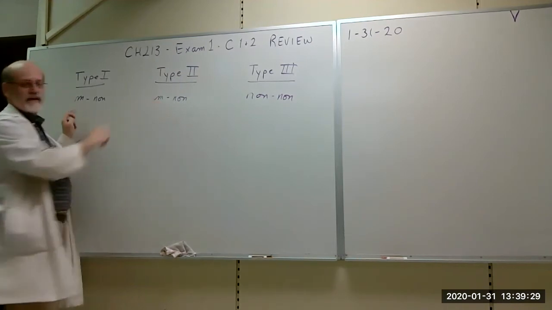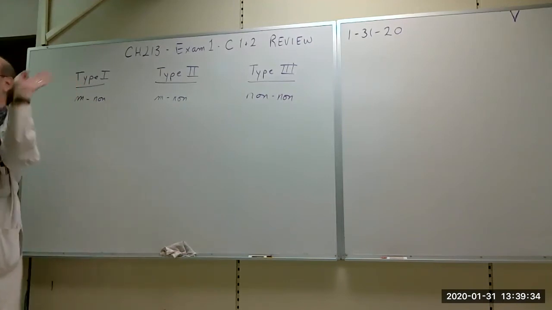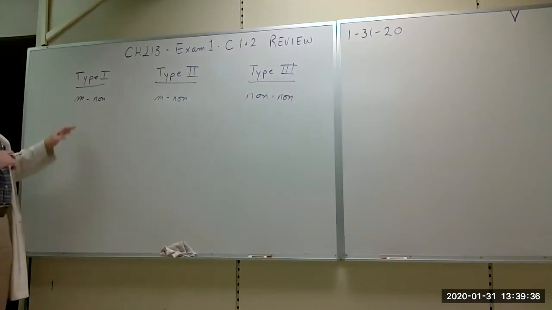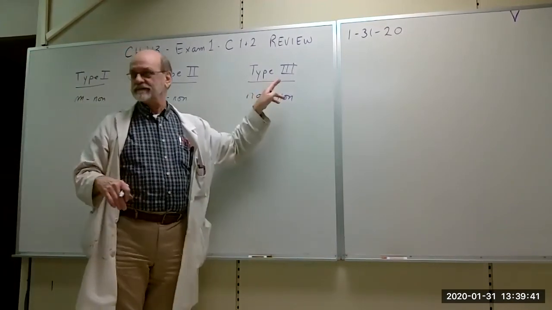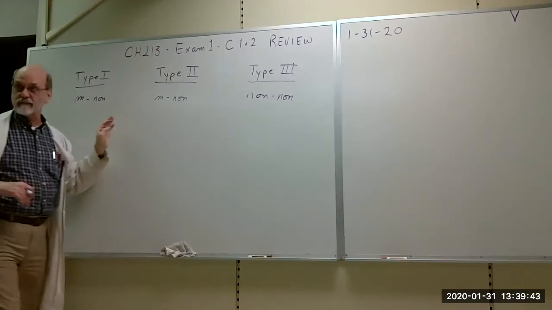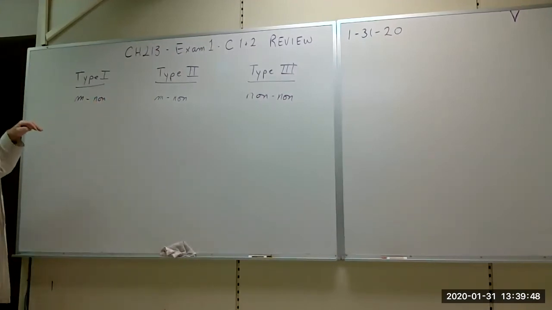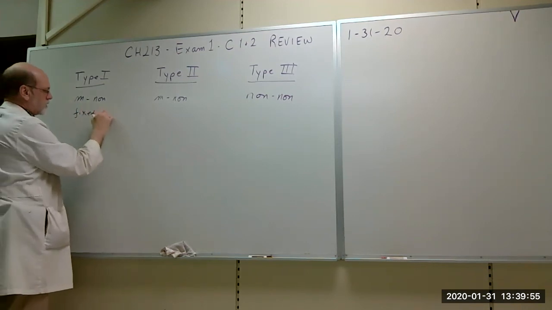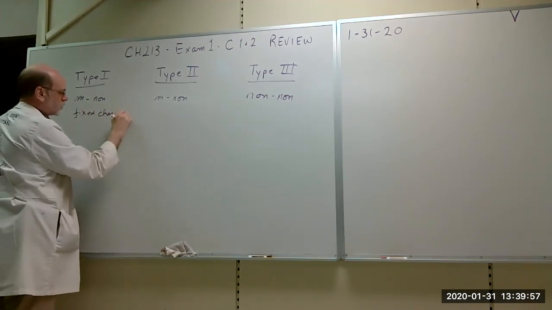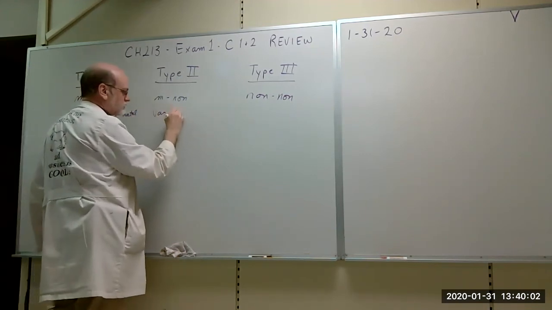This one comes from the left-hand side of the periodic table, and this one comes from that small area on the right-hand side. If it's non-metal, non-metal, you go straight to type 3. If it's metal, non-metal, then you have to decide between these two. On the decision tree, what you look for is a fixed charge for this one, a fixed charge metal. This one is a variable charge metal.